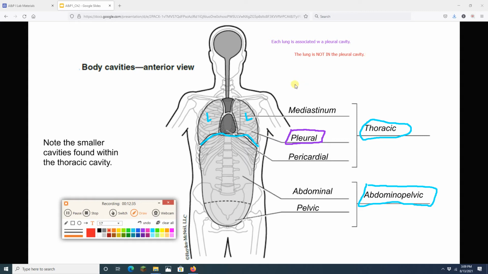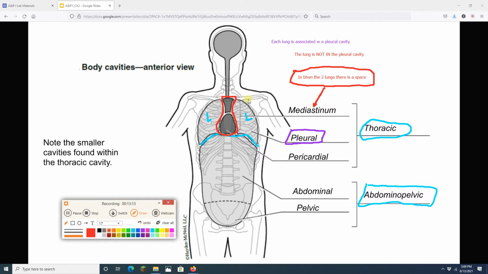There is a space in between the two lungs, and that space is known as the mediastinum. So I can see my entire mediastinum right here. I'm going to outline that guy in red. There we go, kind of like a vase right in between the two lungs. There it is, right there.